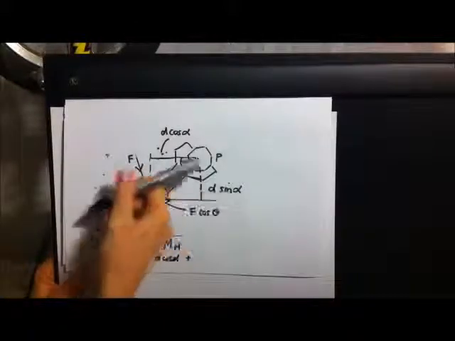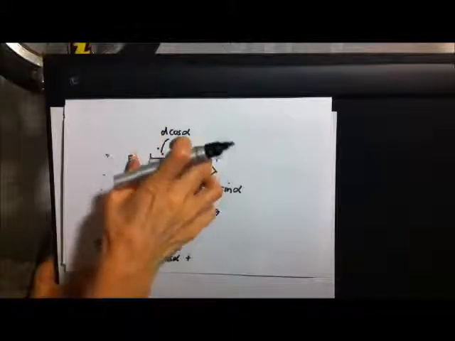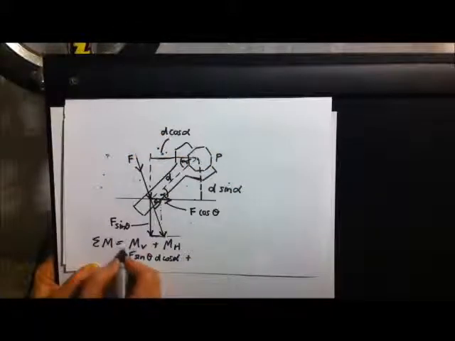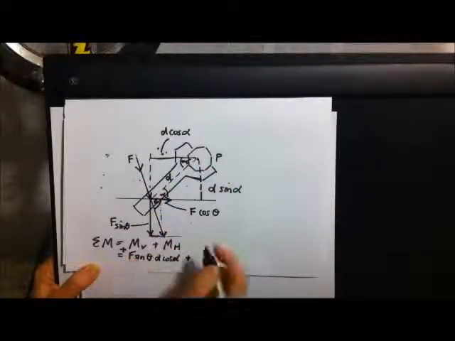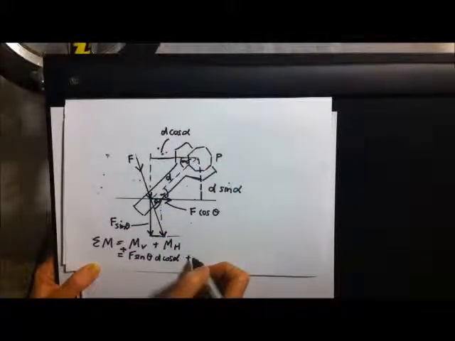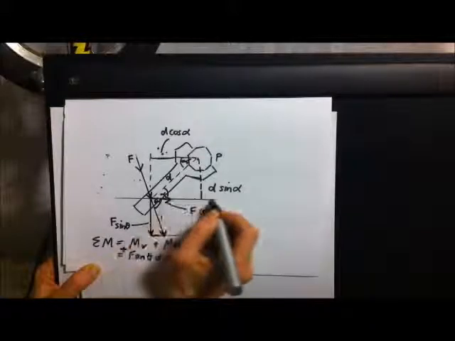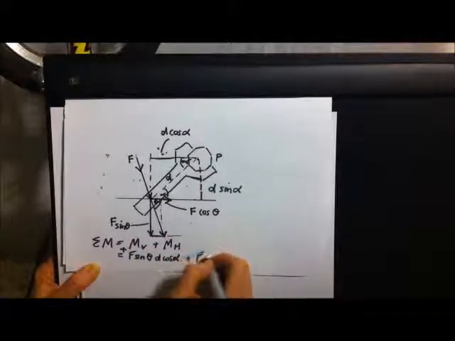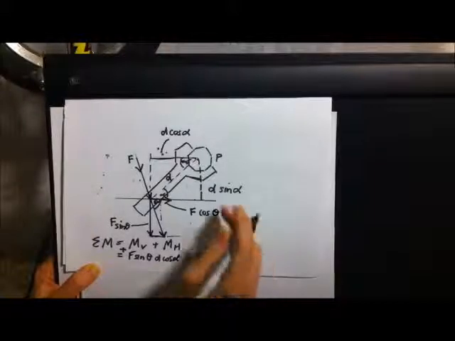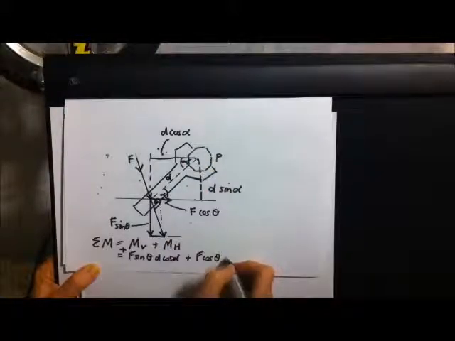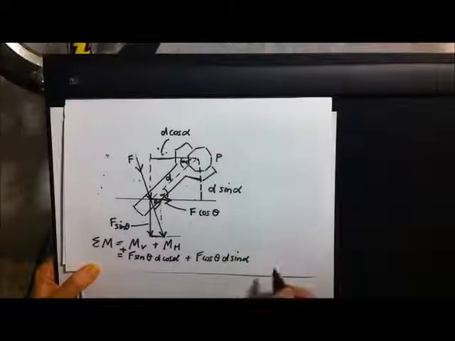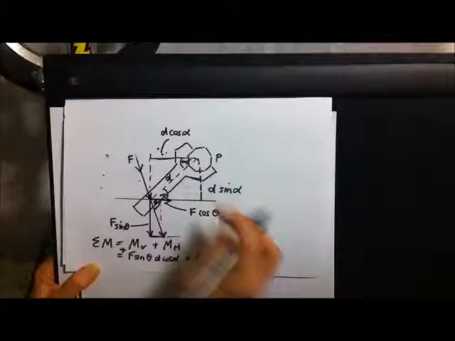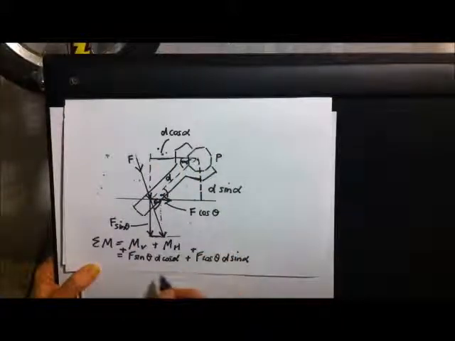And because we're twisting the bolt in the counterclockwise direction, and that force is in the counterclockwise direction, it's positive. For the horizontal component, its force is F cos theta, and its perpendicular distance is d sine alpha. And it's also twisting in the positive direction. So that's the sum of the moments.